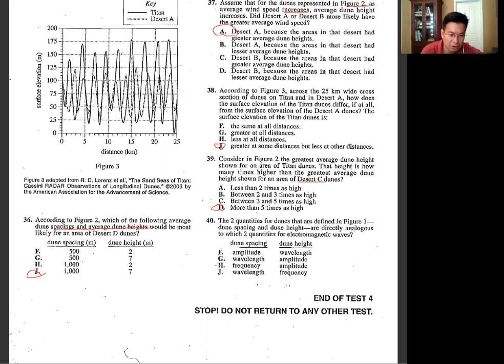So it is H. No, frequency. What am I thinking? Frequency is how often it goes up and down. It has nothing to do with the space itself. So it's the wavelength itself. Okay, that's it for the science section.